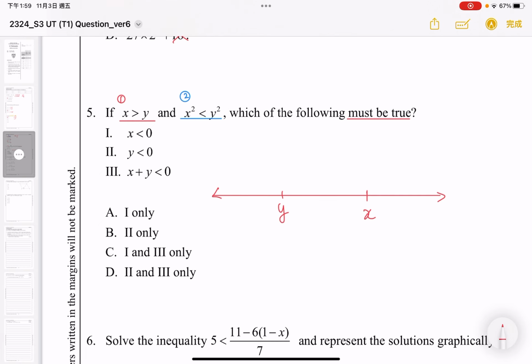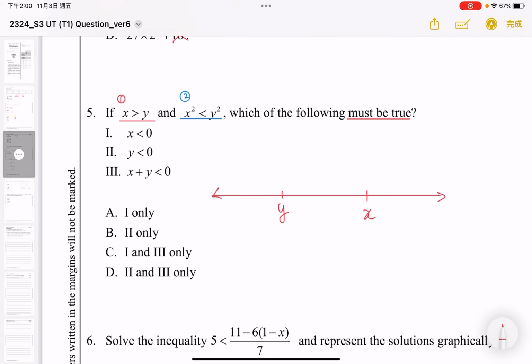So when I'm looking at this restriction, you should know that when we take the square of both sides, we don't care about whether the number is positive or negative. All we need to care about is the distance of that unknown from 0.